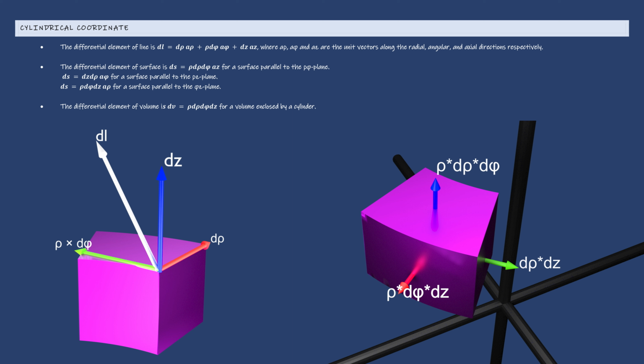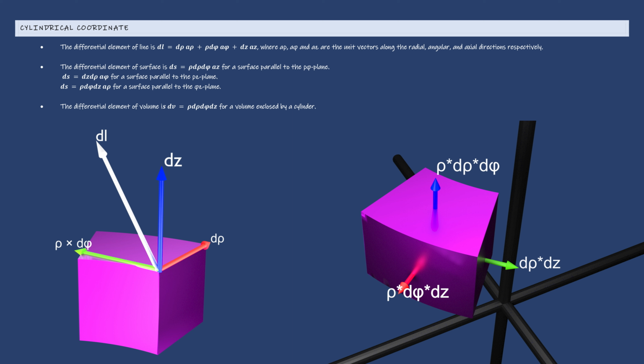The unit vectors along the radial, angular, and axial direction are denoted by a rho, a phi, and a z, respectively. A rho and a phi are not constant as in the Cartesian coordinates, but in the cylindrical coordinates, a rho is always perpendicular to the cylinder, and a phi is always tangential to the cylinder.